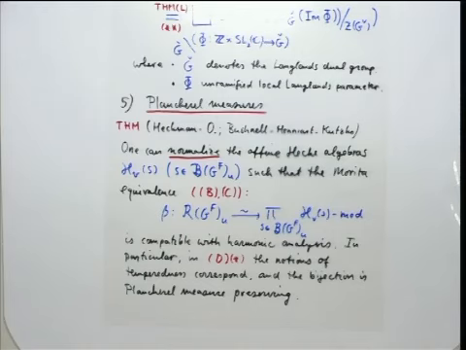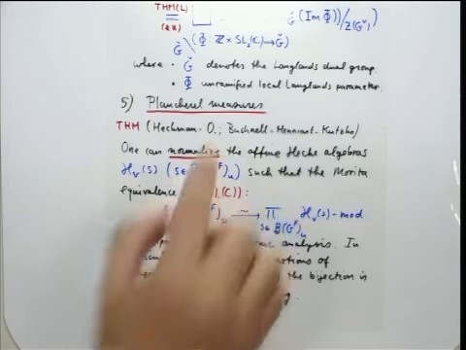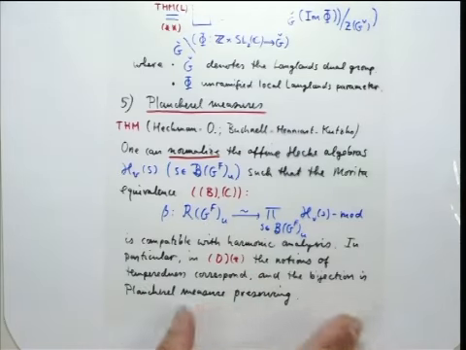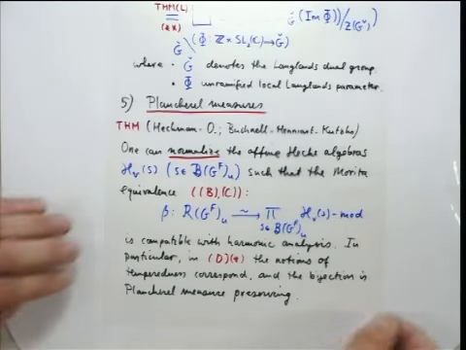Well, one can normalize things so that it really on the nose is correct. And this is a result due to, well, it was a remark of Heckman and myself, and later it was worked out by Bushnell, Henniart and Kutzko in great technical detail.